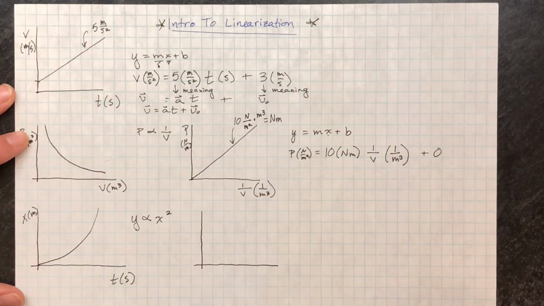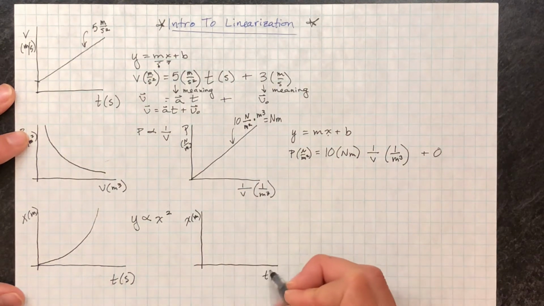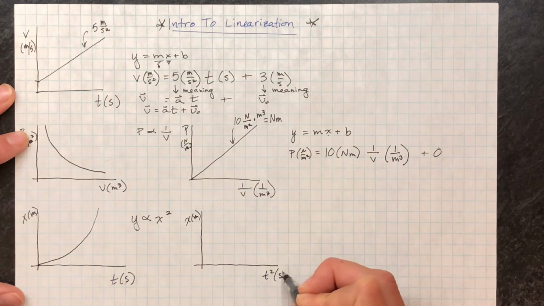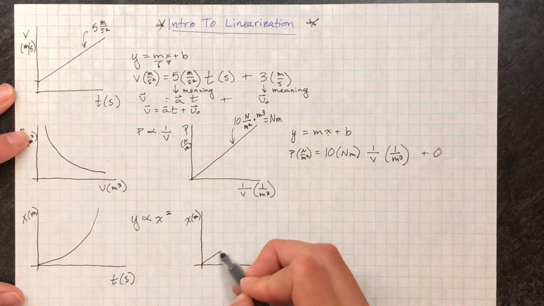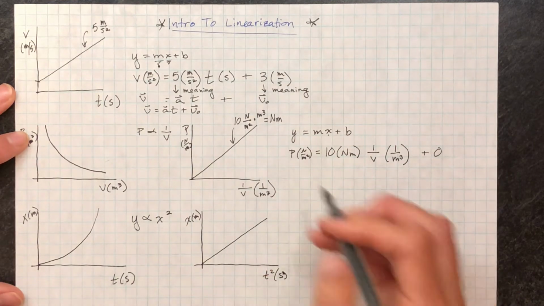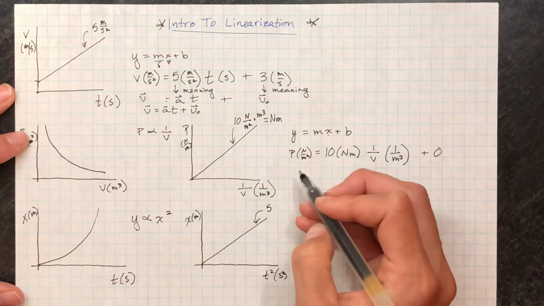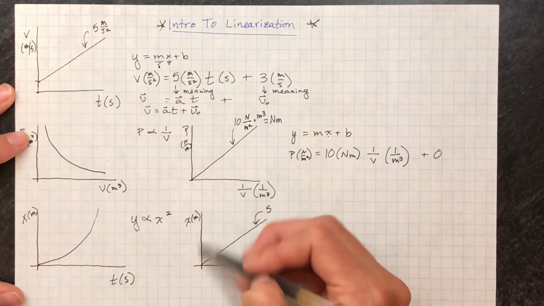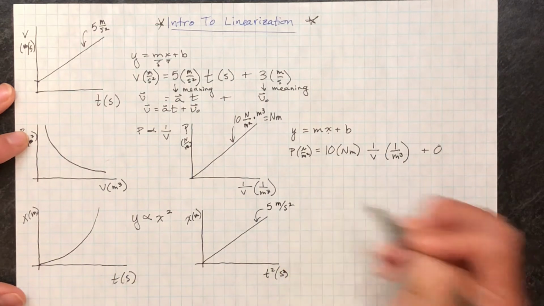And then we're going to regraph it. So we'll have position still here, and then we'll have time squared in seconds squared as our unit. And when we graph that, we're going to get a straight line. Now the units of the slope, let's say that our slope is 5, are going to be the units of the y-axis divided by the units of the x-axis, so that's meters over seconds squared.